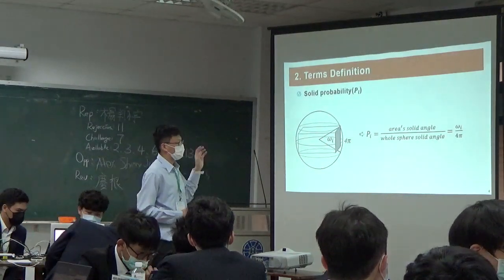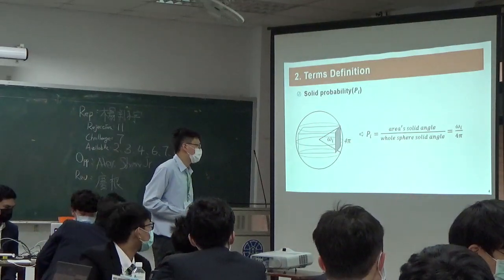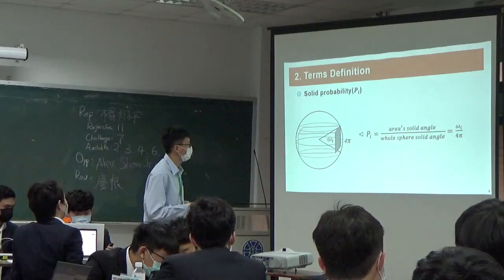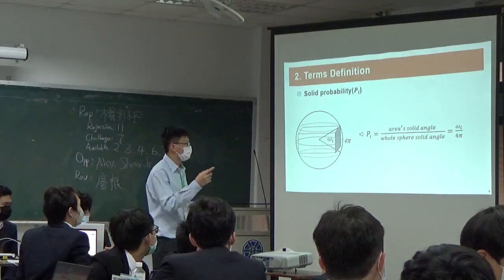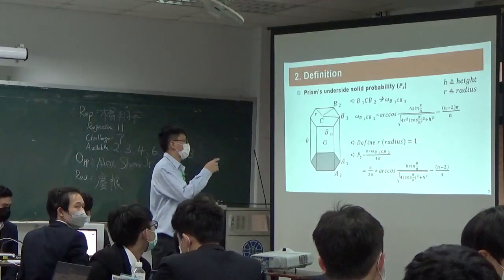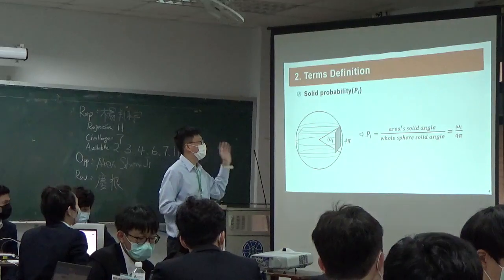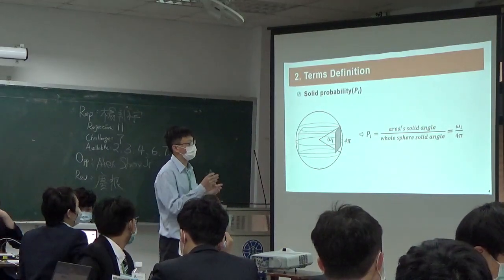It's like when we use projection from a centroid to an object's side, how big is the probability when we randomly choose a point on the sphere and it corresponds to that side. So the probability we mean is the area's solid angle divided by the whole sphere's solid angle.